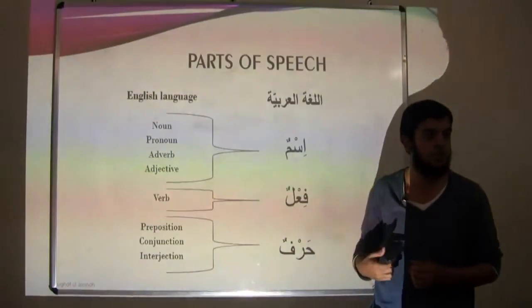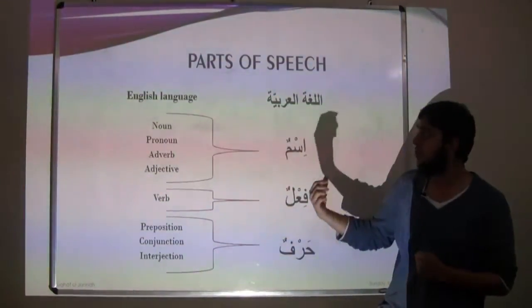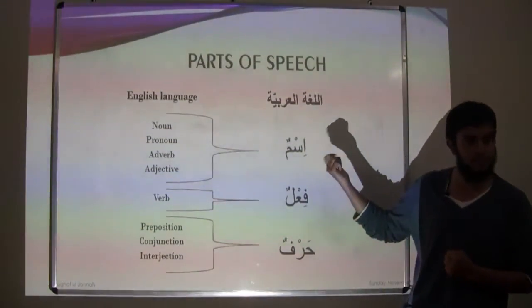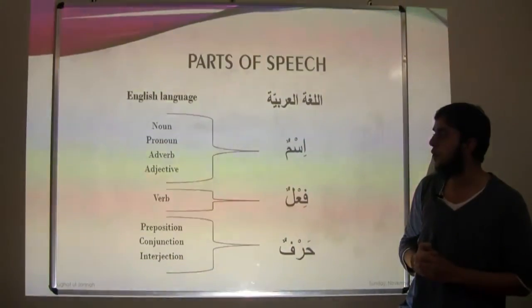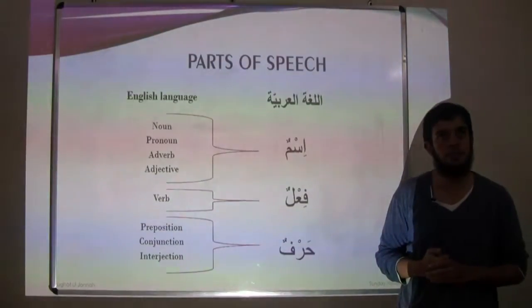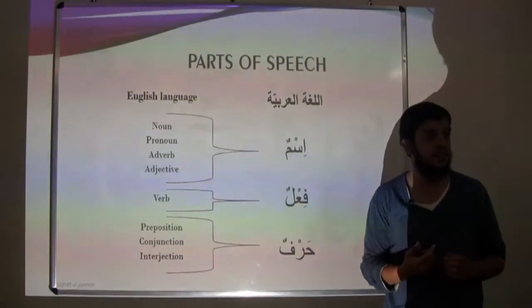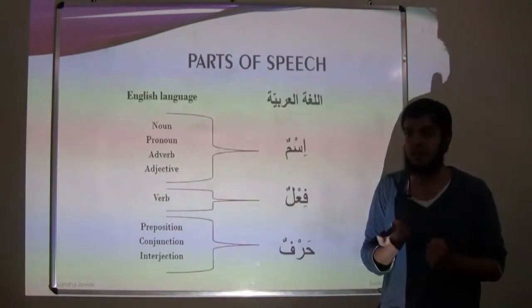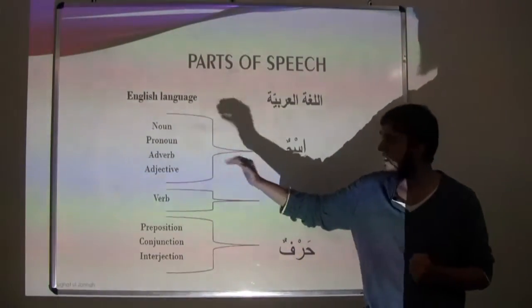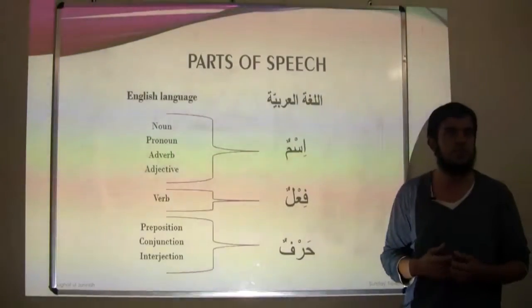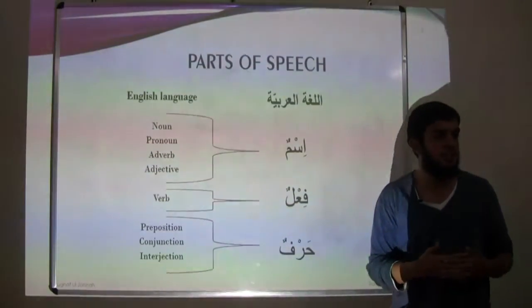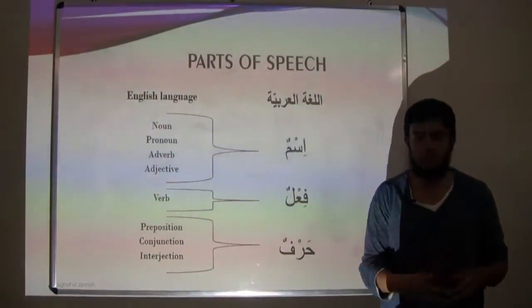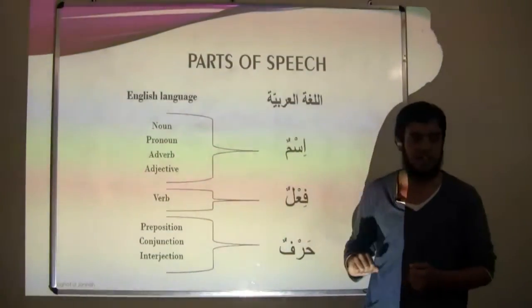It is a demonstrative pronoun in English. So it comes under the category of ism. And for adverb, you can say sari'an. Sari'an, meaning quickly. To do something quickly is described by sari'an. So it comes under adverb. And for adjective, you can say ghaniyun. Ghaniyun means he is rich. So that also comes under adjective.